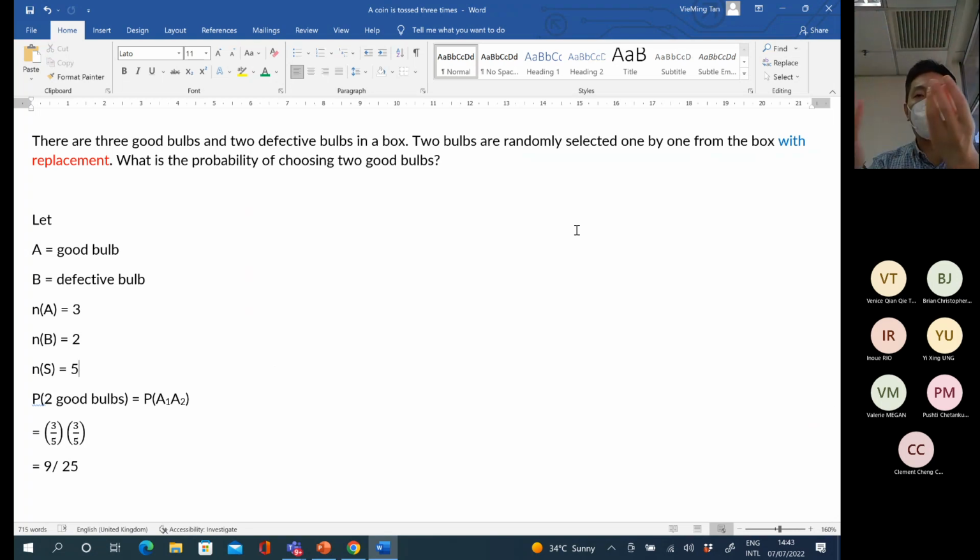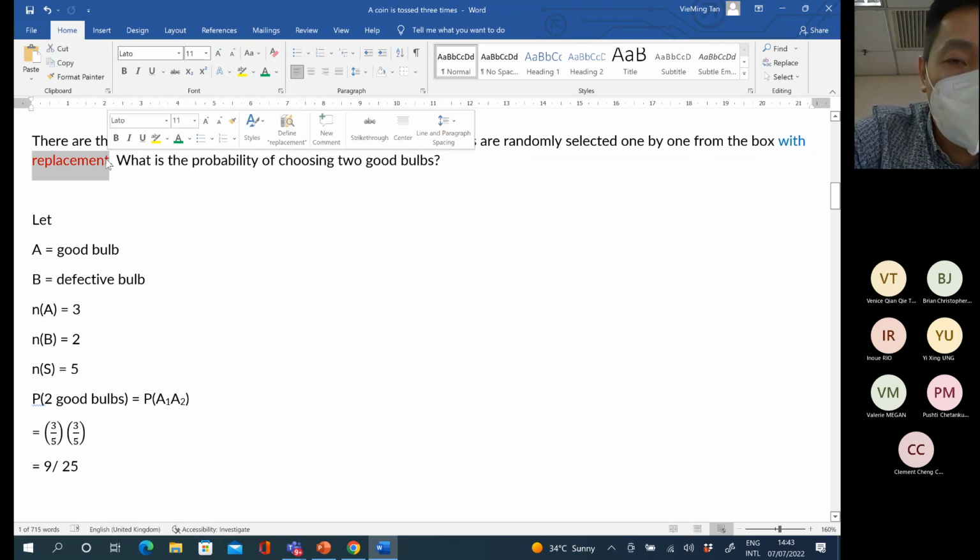Then you choose the second bug, jot down its characteristics, and return it to the box again. This is called replacement. Replacement means after choosing a bug, the bug will be returned inside the box before choosing the second bug.